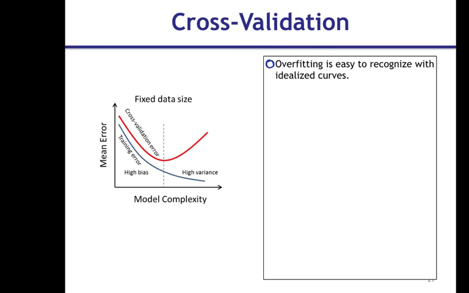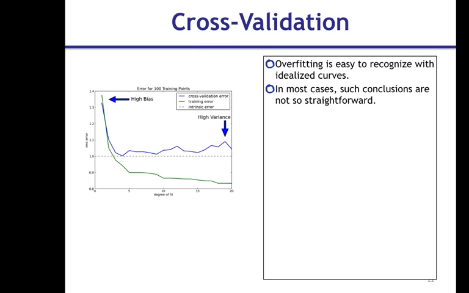So if you have training error and cross-validation error curves, right at the point where the cross-validation error starts going back up, that's the region where you can conclude that the model is not able to generalize well if you keep training after that point.